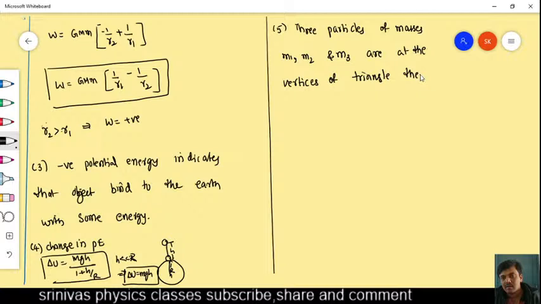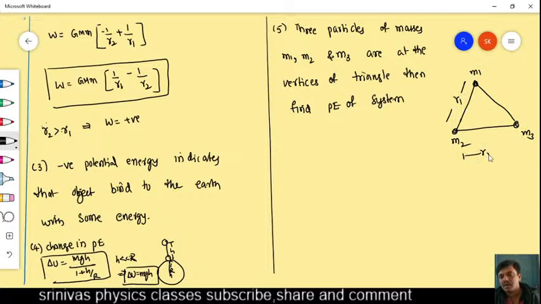Then find the potential energy of the system which has three particles. You see, they gave a diagram here. This is a triangle. It has m1 particle at one vertex, m2 at another vertex, m3 at another vertex, and these have the sides r1, r2, r3 like this.